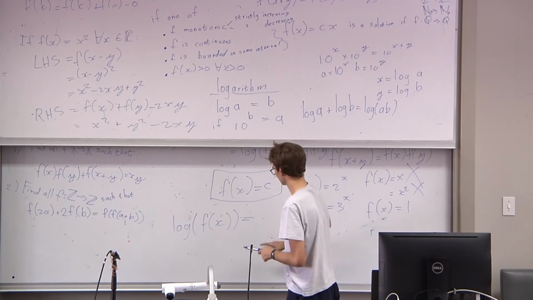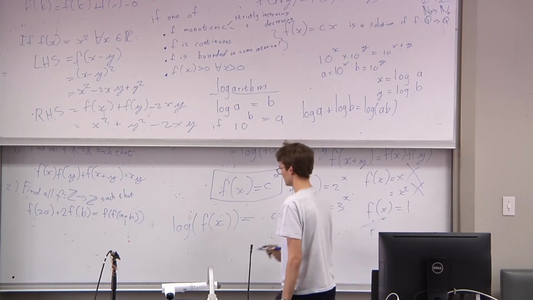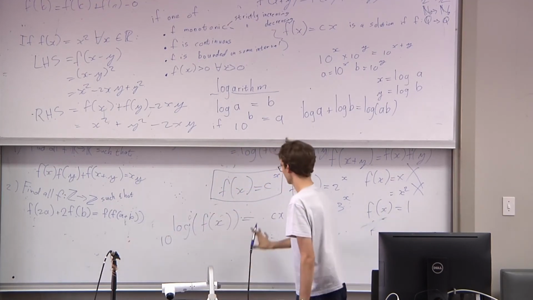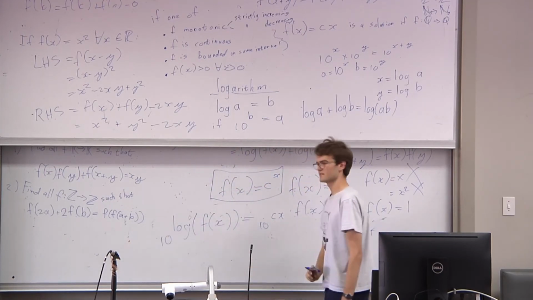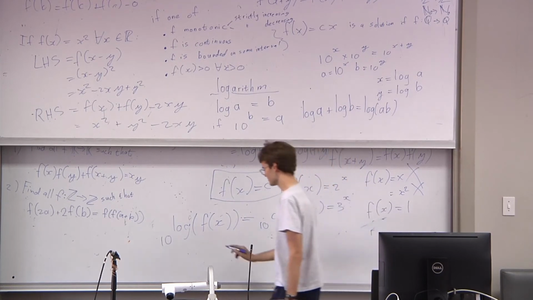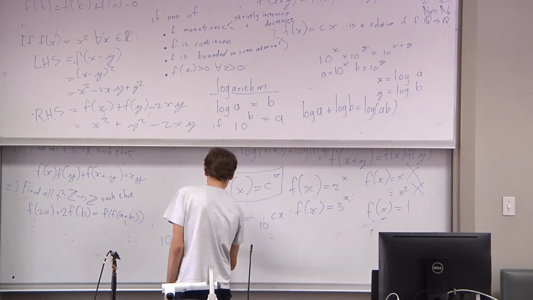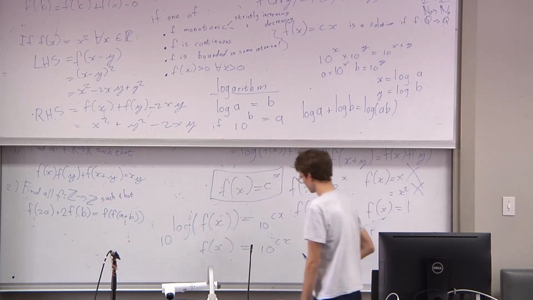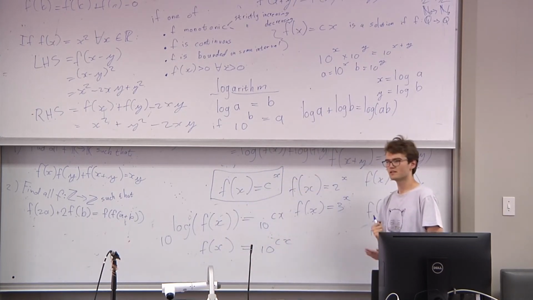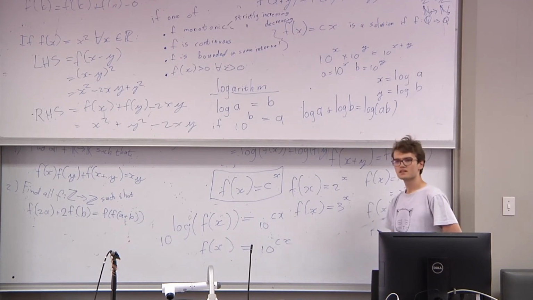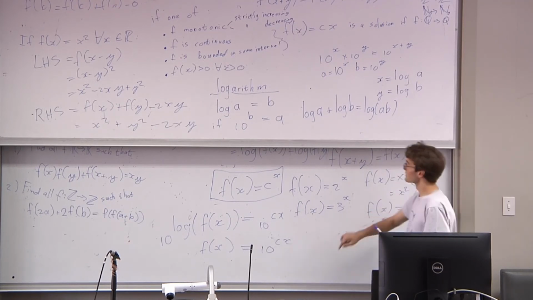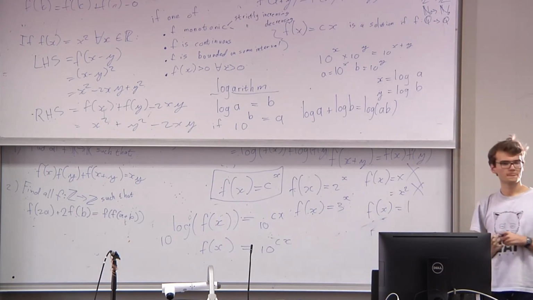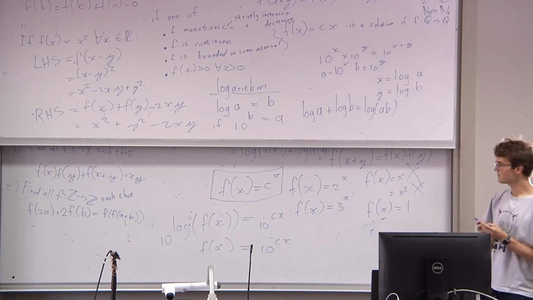So you can do 10 to the power of the left-hand side is equal to 10 to the power of the right-hand side, which gives you that f of x is equal to 10 to the c x for all x where c is some constant. And from here you can check that those do actually satisfy the original equation for any value of c.